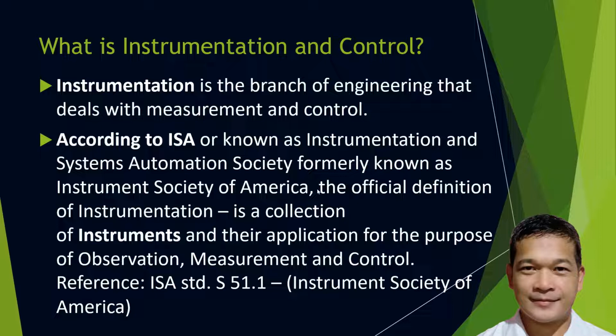According to ISA, the Instrumentation, Systems, and Automation Society, formerly known as the Instrument Society of America, the official definition of instrumentation is a collection of instruments and their applications for the purpose of observation, measurement, and control. This is from the reference ISA standard series 51.1.